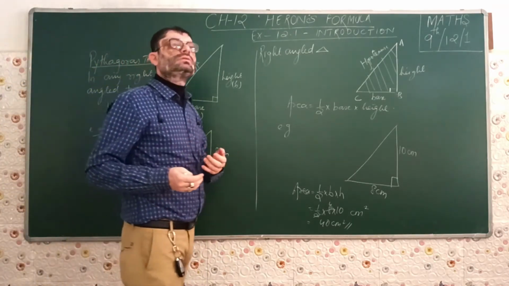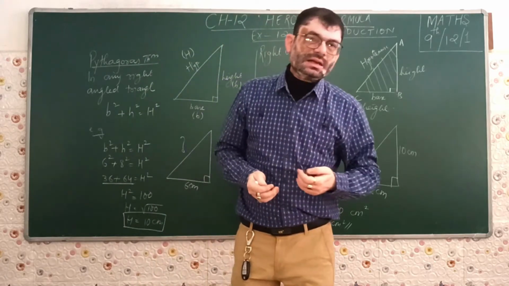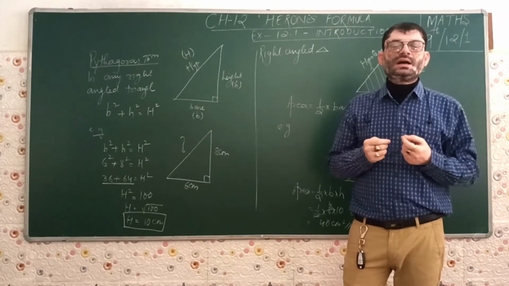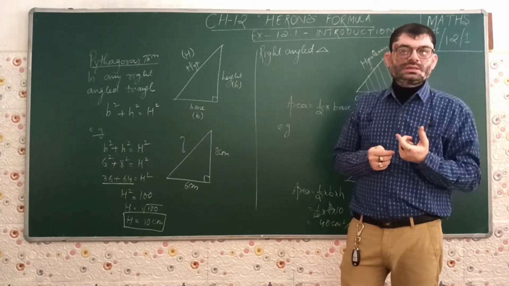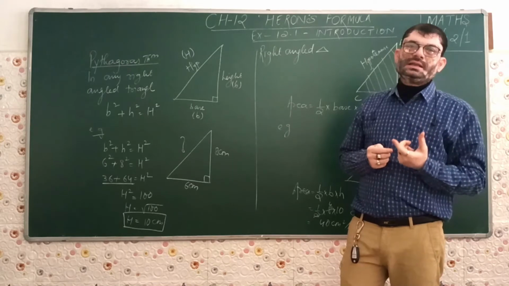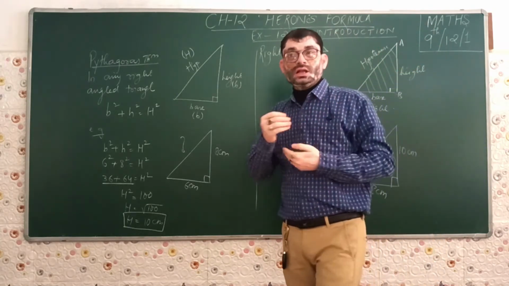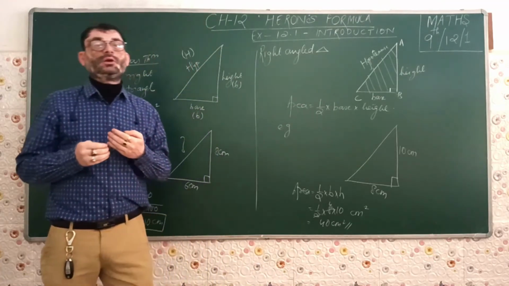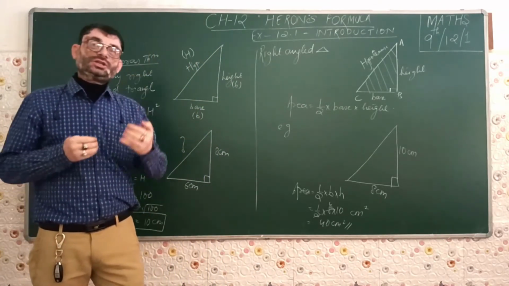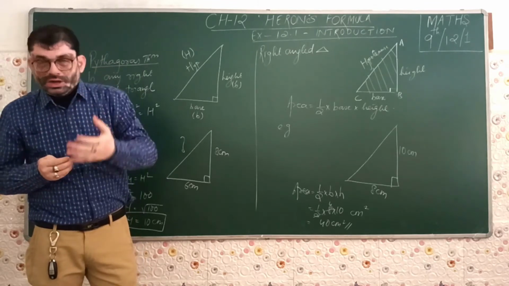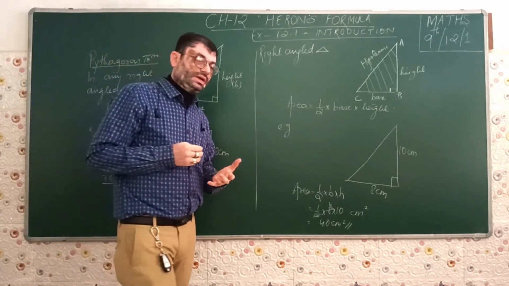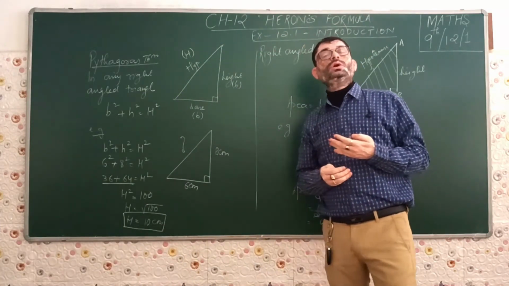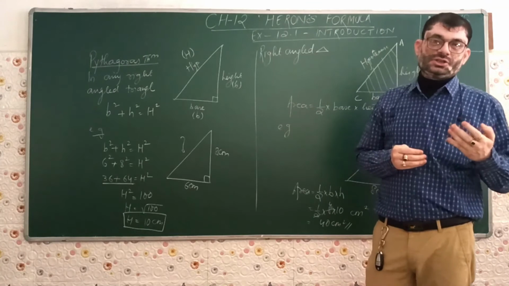Then there are various types of triangles. There are equilateral triangles where all the three sides are given. There is the isosceles triangle where two of the sides are equal and the third is not equal to them. And then we have the scalene triangle. What are the formulas, or what are the steps that we follow, to find the areas of equilateral, isosceles or scalene triangles?